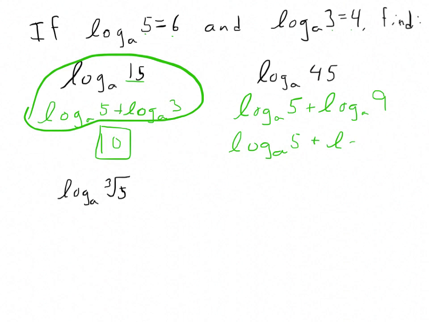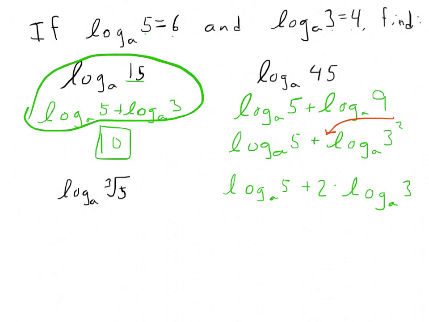I'm going to write this as the log base a of 3 squared. The great thing about that is that I can take that second power and bring it down to the front of the logarithm. So this gets me the log base a of 5 plus 2 times the log base a of 3.